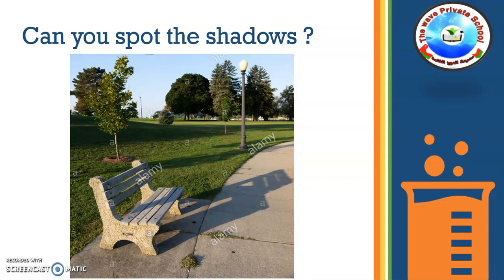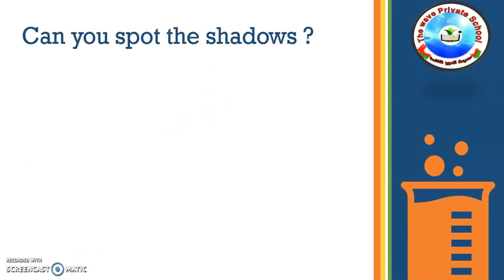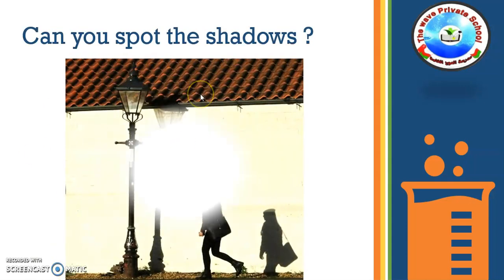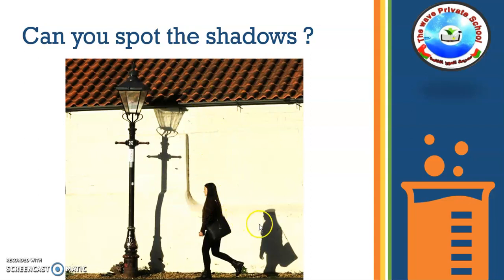Let's take a look at our next picture. Okay, so which are the shadows here? The dark area wherein the light did not reach. So this one, this is the shadow of the girl, and this is the shadow of the lamppost. Well done. Let's keep going.